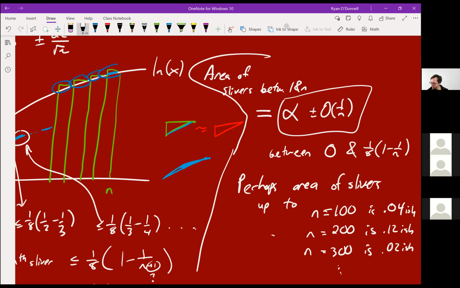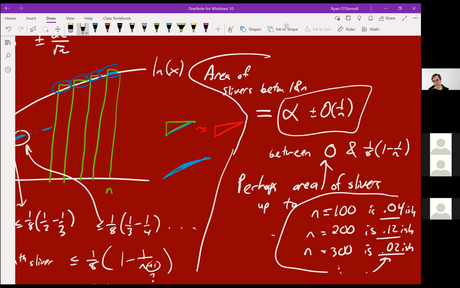Then you wouldn't be able to say there's one number alpha such that this amount is alpha plus or minus 1 over n. This information is all consistent with this, because all these numbers are between 0.04, 0.12, 0.02. They're all between 0 and 1/8.